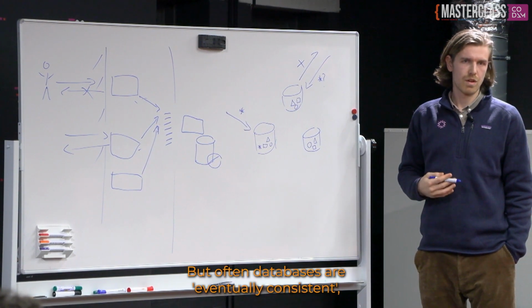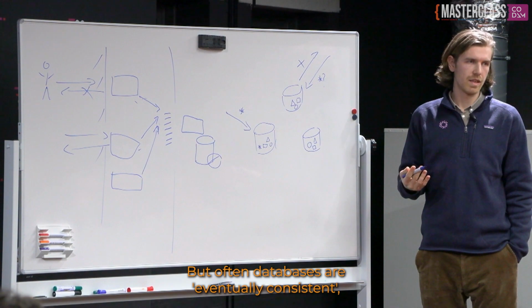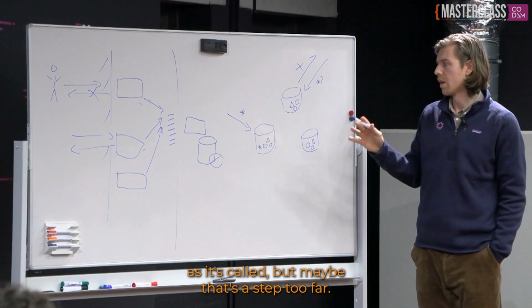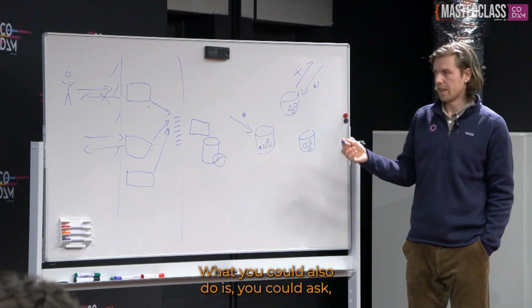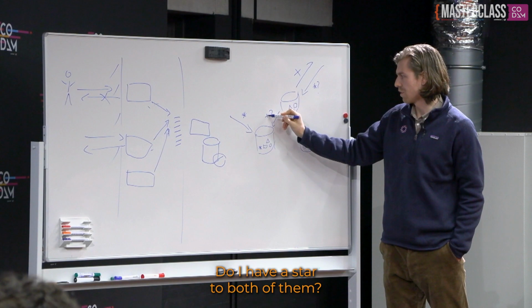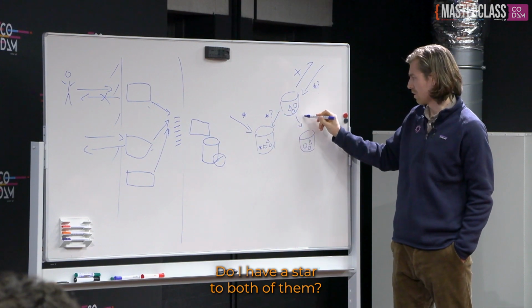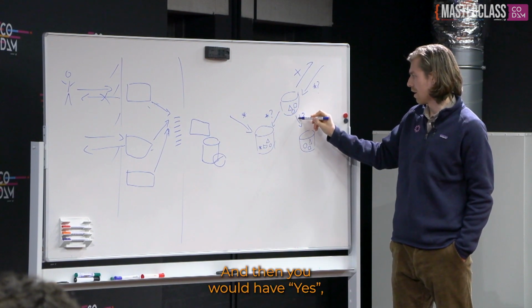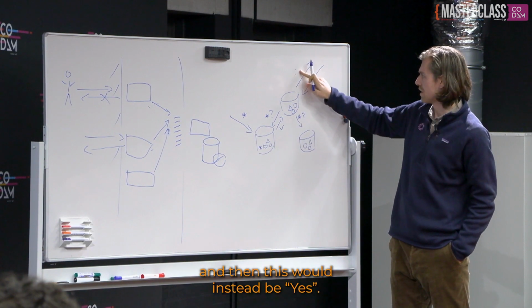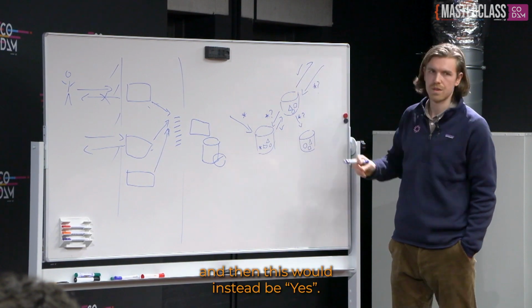But often databases are eventually consistent, as it's called. What you could also do is you could ask, do I have star, right, to both of them? And then you would have yes, and then this would instead be yes.